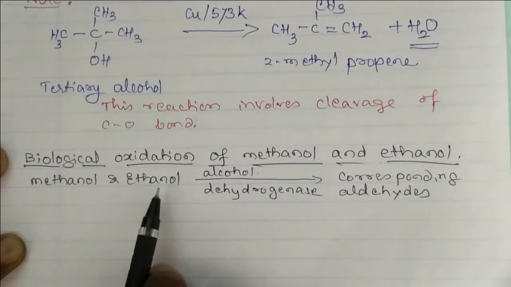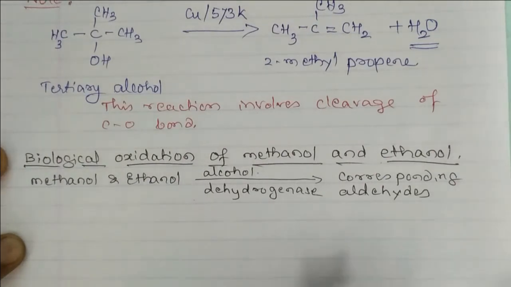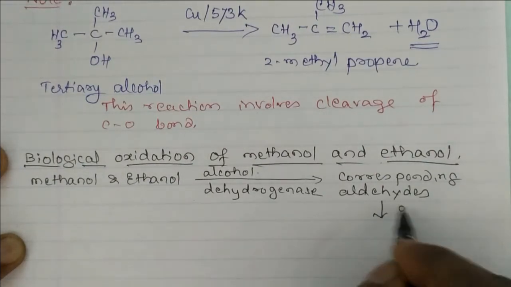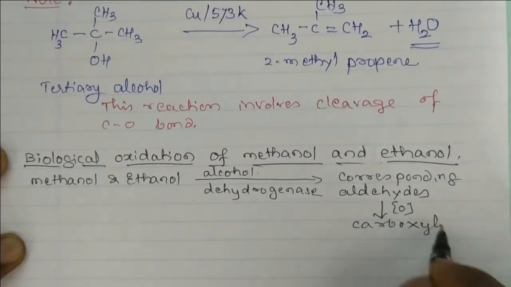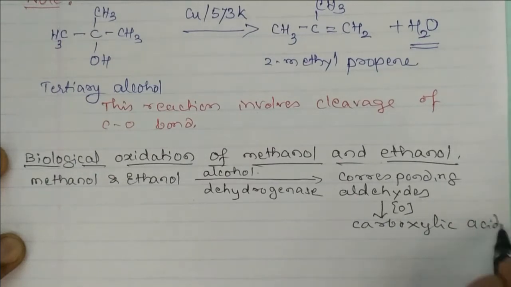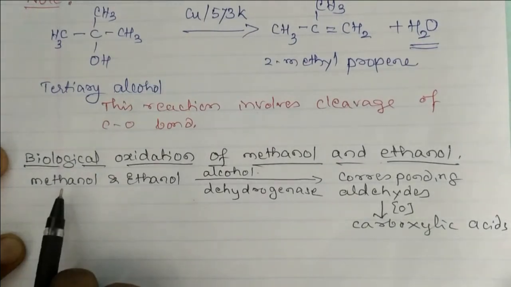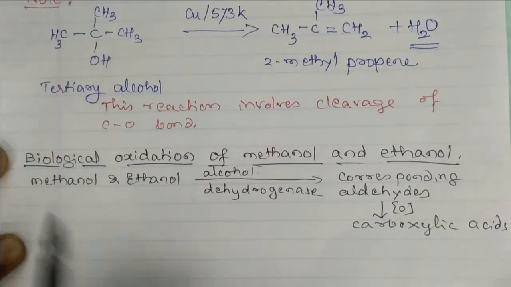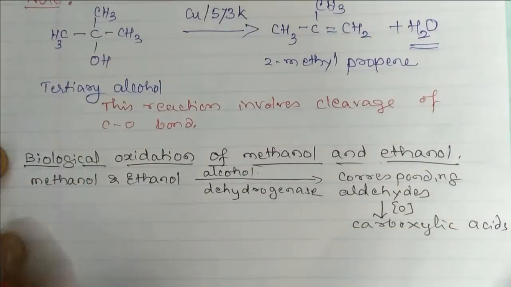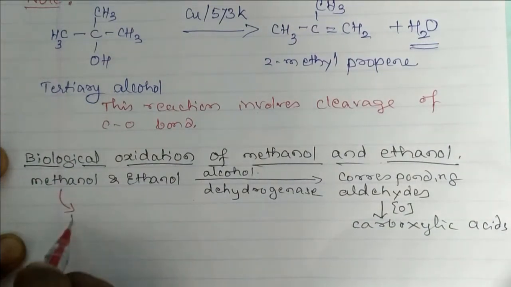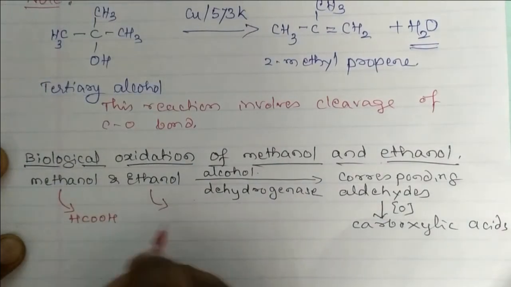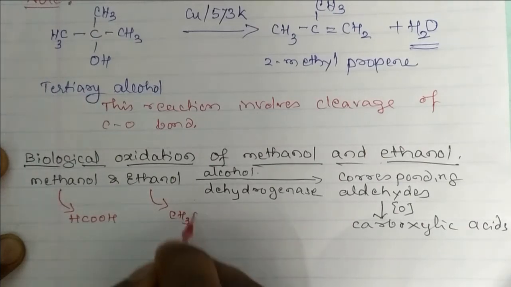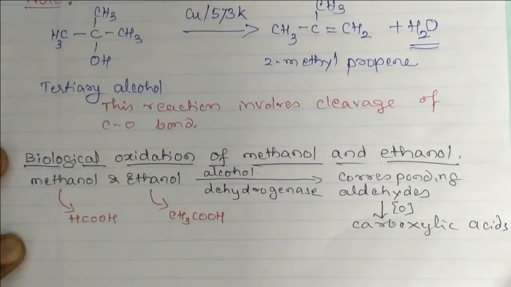Ethyl alcohol gives acetaldehyde. Then these aldehydes undergo further oxidation to form carboxylic acids. Methyl alcohol gets oxidized to methanoic acid, HCOOH. Ethanol gets oxidized to acetic acid, or vinegar.